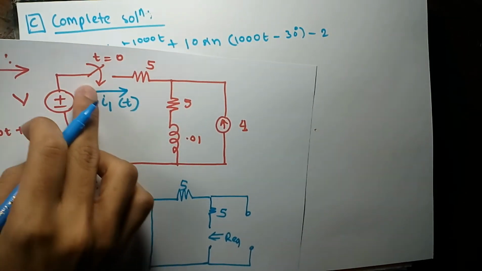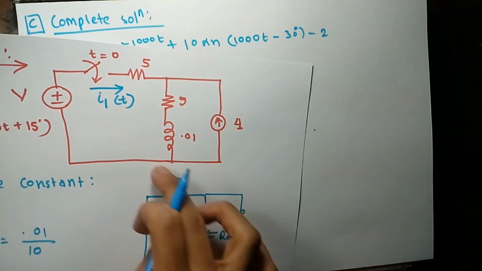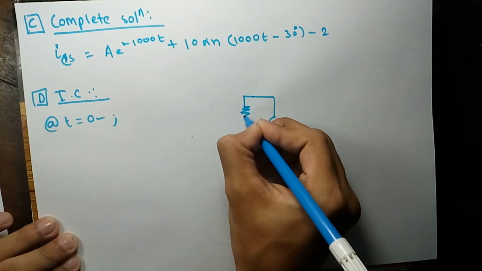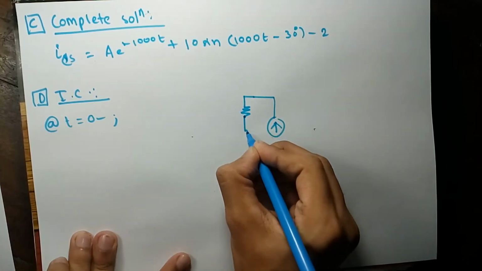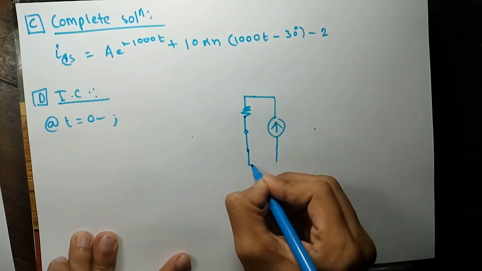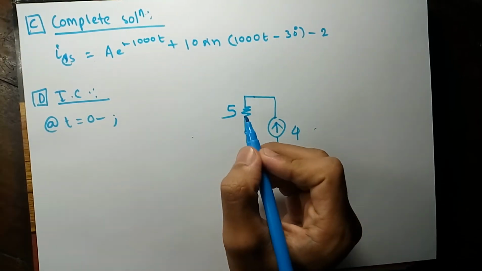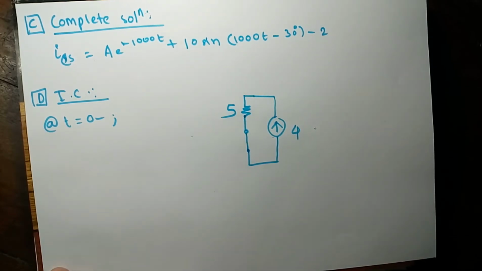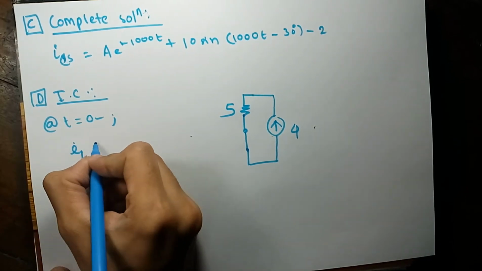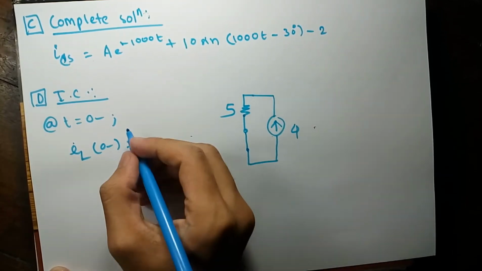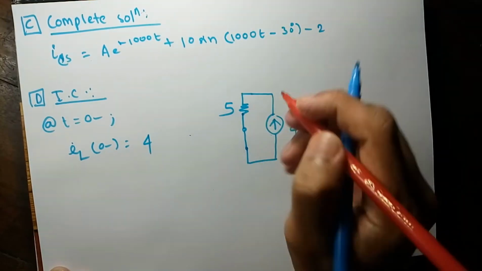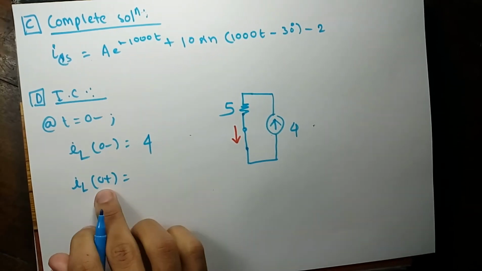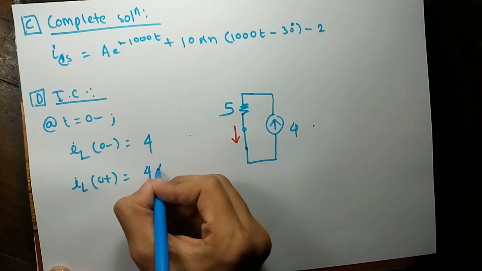At t equals 0 minus, this is open, so this portion will not affect, and there will be just this portion of the circuit. The inductor acts like a short circuit in this steady state, so the current through the inductor at t equals 0 minus will be 4 amps going in this direction. The direction is also important. As inductor current cannot change abruptly, the current through the inductor even after switching will be 4 amps.